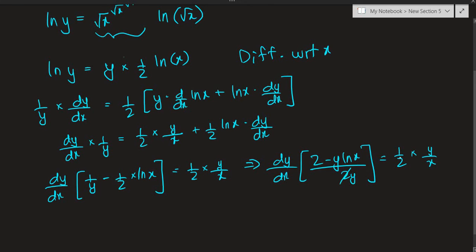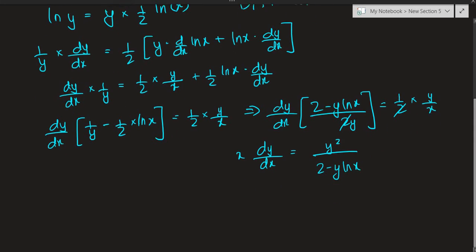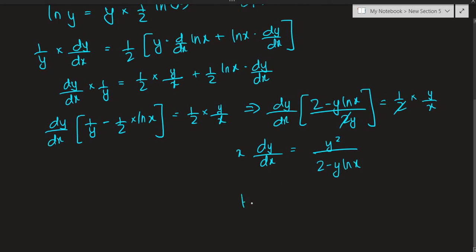So the 2's are going to cancel out. We finally have dy over dx equal to, we can take the x on this side, and this y will get multiplied with the numerator there. We have y squared divided by 2 minus y times the natural log of x. And that's exactly what we had to prove. So hence proved.